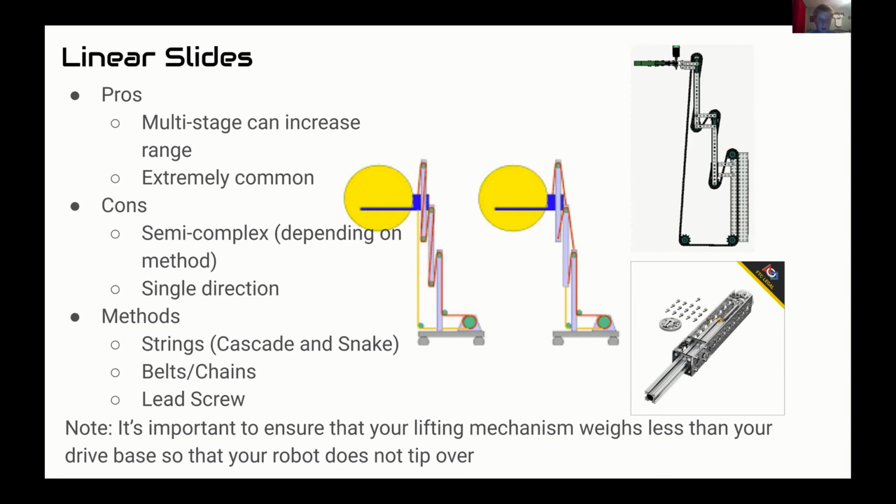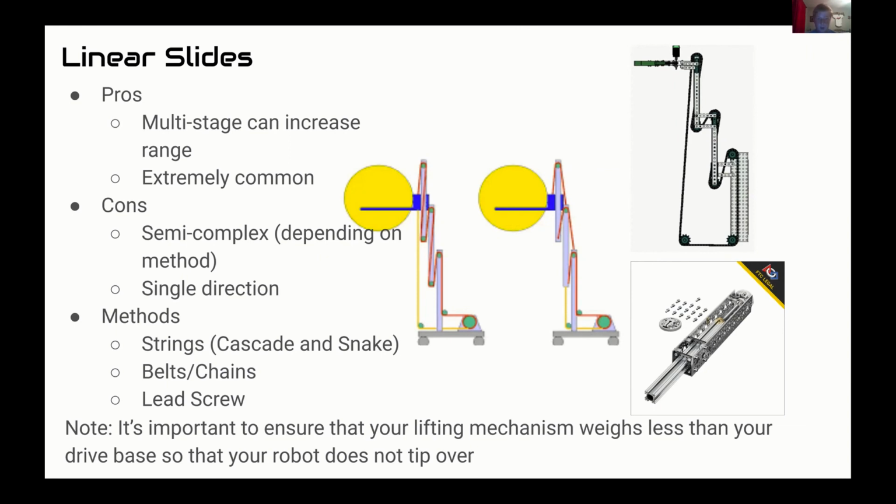Cons are that they can be very complex, and you'll have to move your robot around it to get the lift lined up in the same area. Some methods to do the actual lift of the slide are string, belts and chains, or a lead screw.